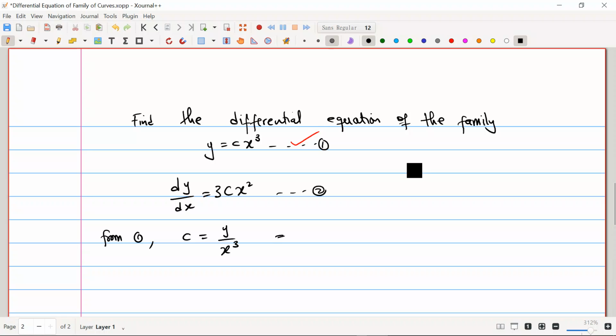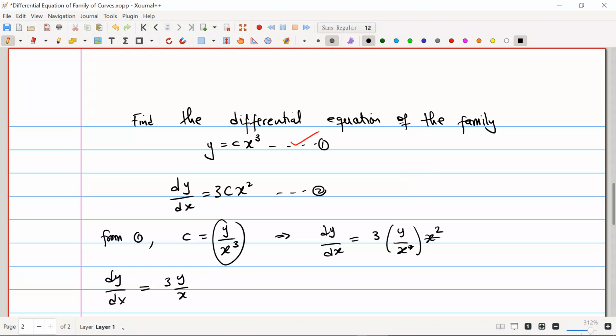Now what does this mean? This means that we substitute this c into equation 2 and we have dy/dx equal to 3 times c, which is y over x cubed, times x squared. Then rearranging and simplifying, x squared can cancel two of these x's and you'll be left with x. So you're going to have dy/dx equal to 3y over x.